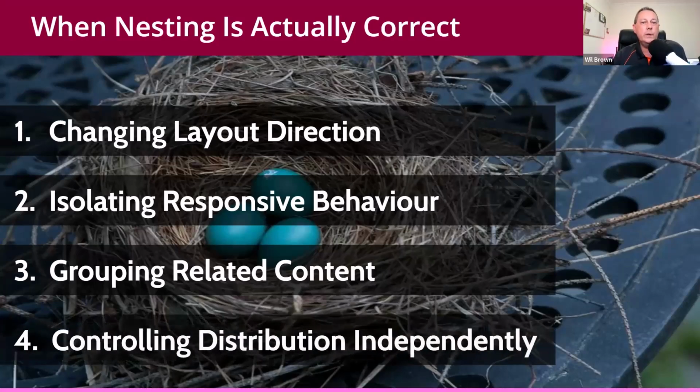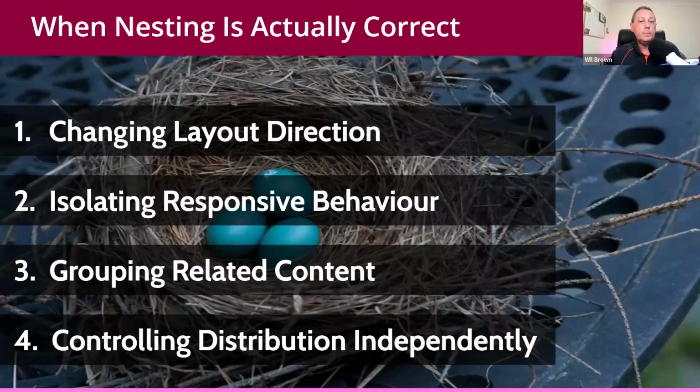And the last one is controlling distribution independently. The outer container controls width, the inner container controls the alignment, for example, a full width container with maybe boxed content or full width content.